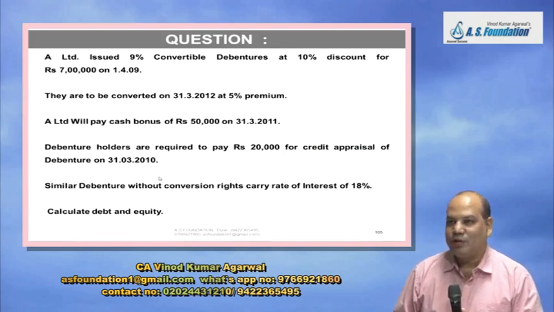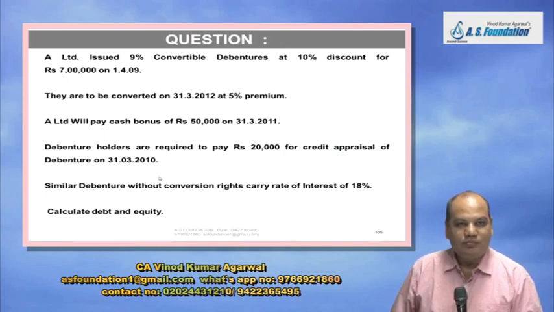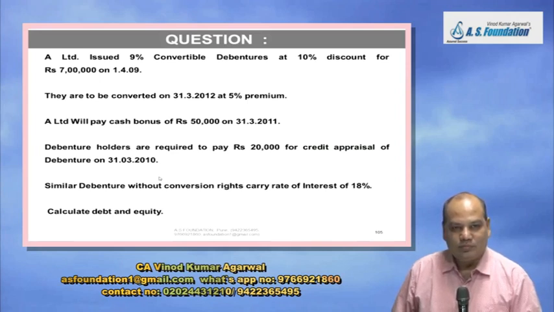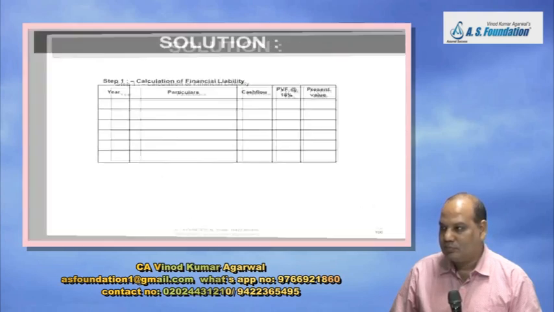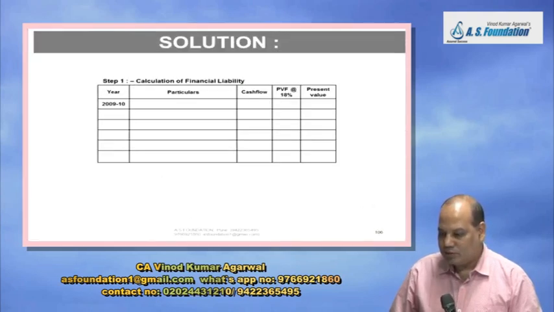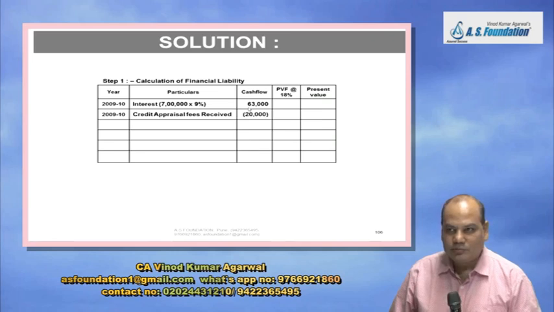Anybody who got the value of liability? Check the answer. Year 2009-10, or you can write year 1. Interest payment 63,000.